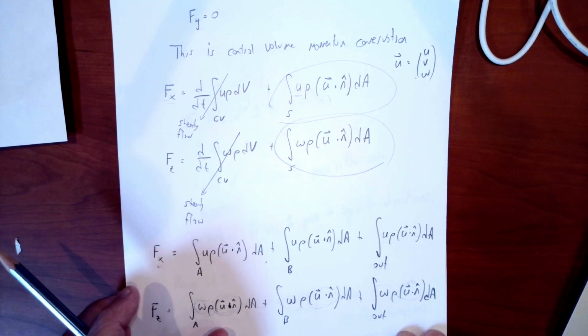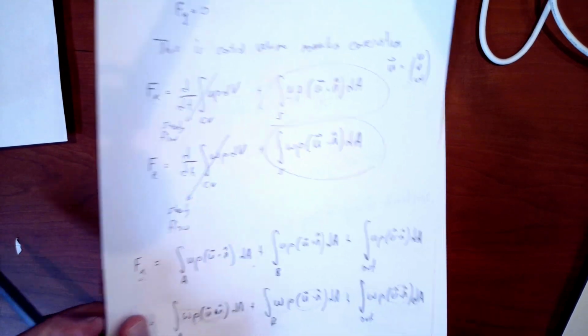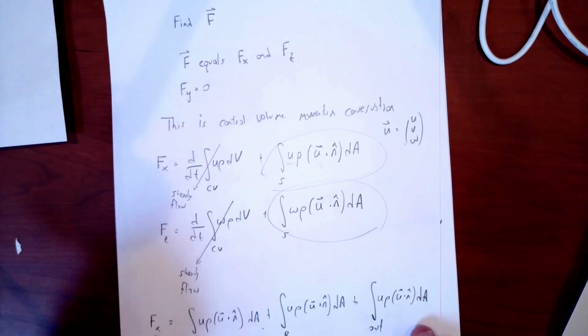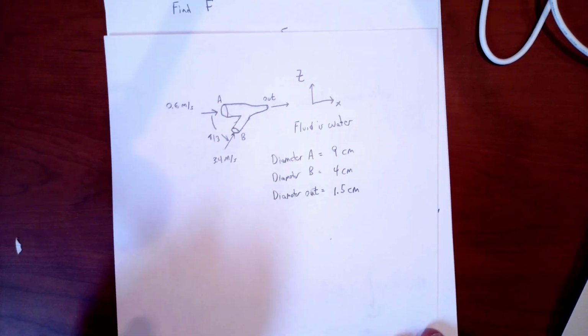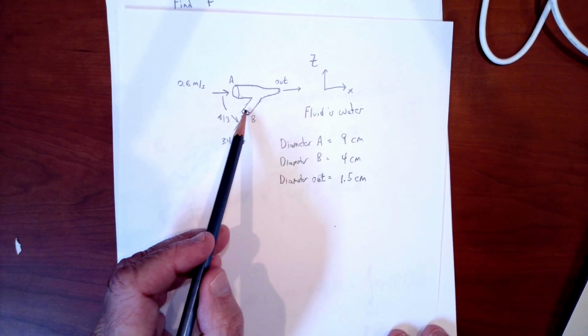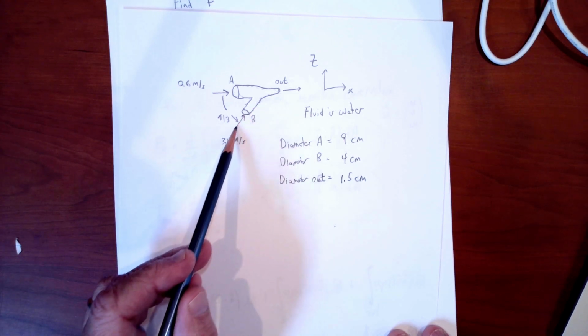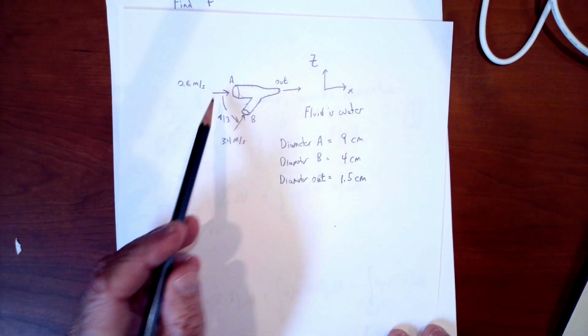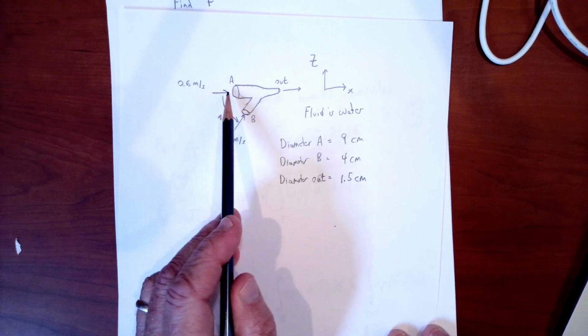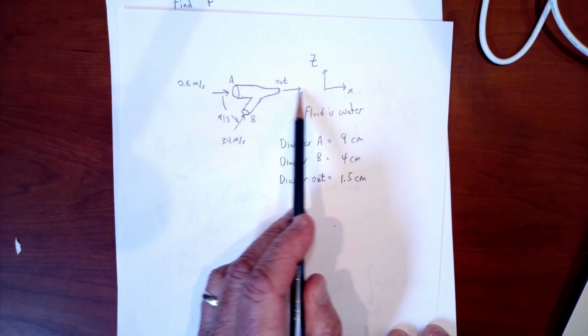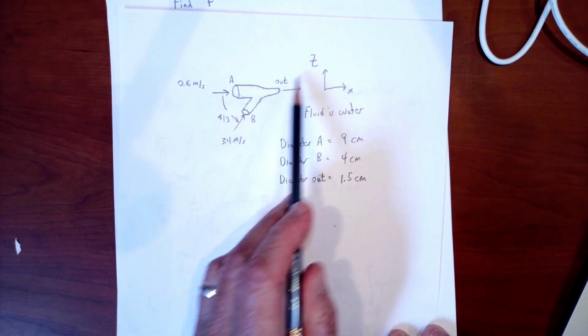All right, well, if you look at our nozzle back here, you see that there's a w component of velocity here, definitely. We haven't calculated what it is, but it clearly has an upward component to it. But at the A surface and at the outlet, the velocity is not going up or down.